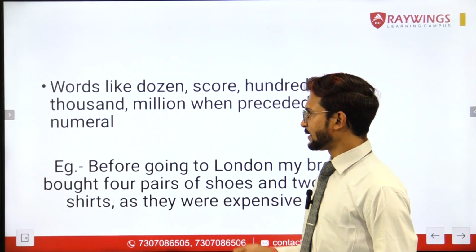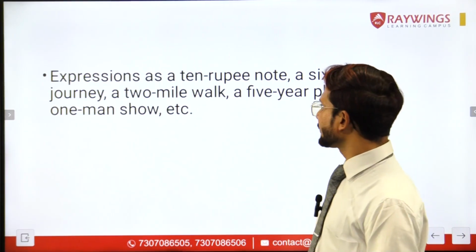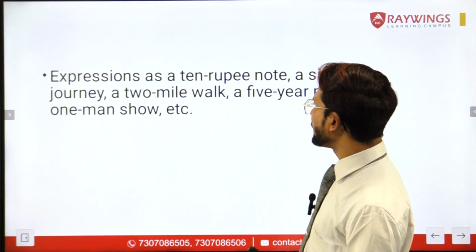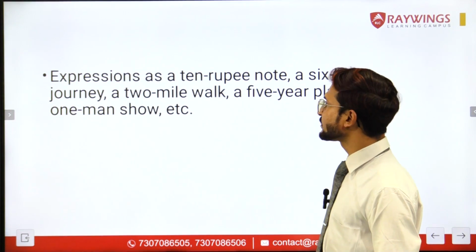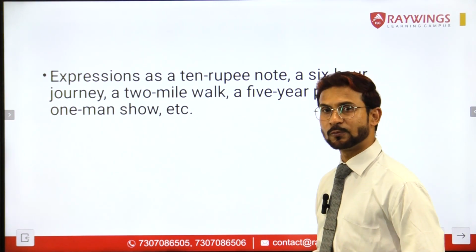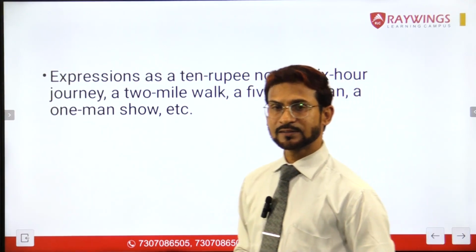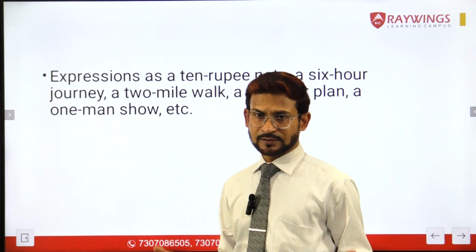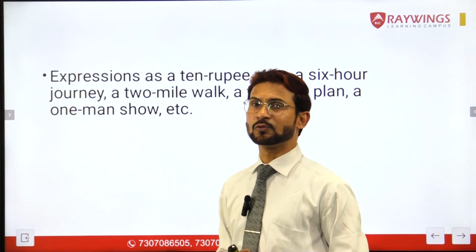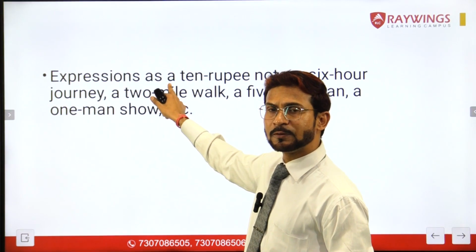Fine. Let us move to the next one. Next slide says expressions such as a 10 rupee note, a 6 hour journey, a 2 mile walk, a 5 year plan, a one man show, etc. Such expressions are also singular in English, they are never plural in English because they have a before them.